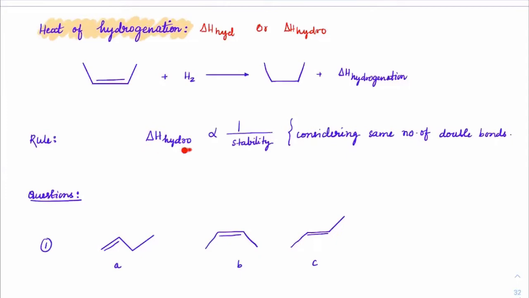This released energy depends upon the stability of the alkene. If the number of pi bonds is the same, then you should look at the stability. If the number of pi bonds is more, delta H hydrogenation will always be more. So it is directly related to the number of pi bonds. If you have the same number of pi bonds, then you look at the stability of the molecule.